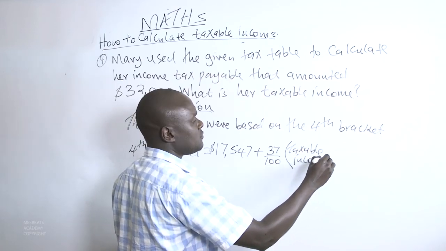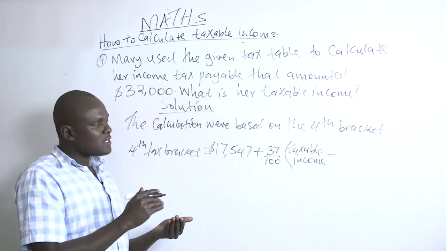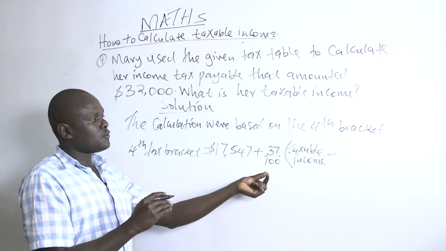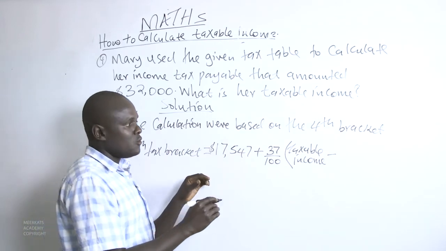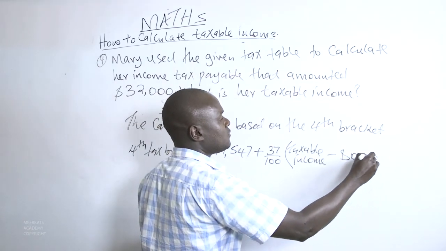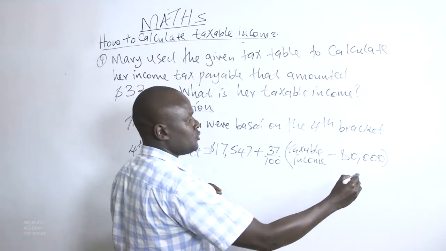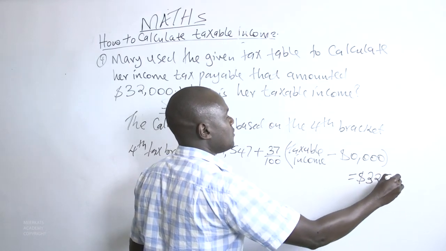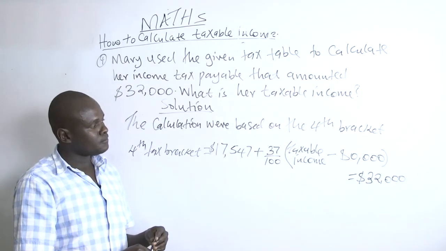After $80,000, anything above that will attract a tax of 37 cents for every dollar. So we take our taxable income, we subtract that particular ceiling of $80,000, and everything here should be equal to $32,000.